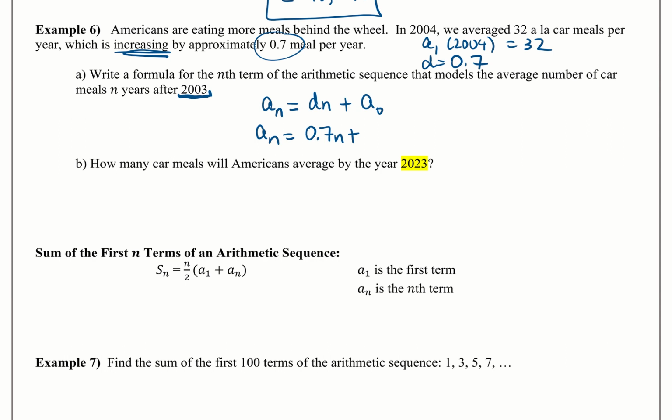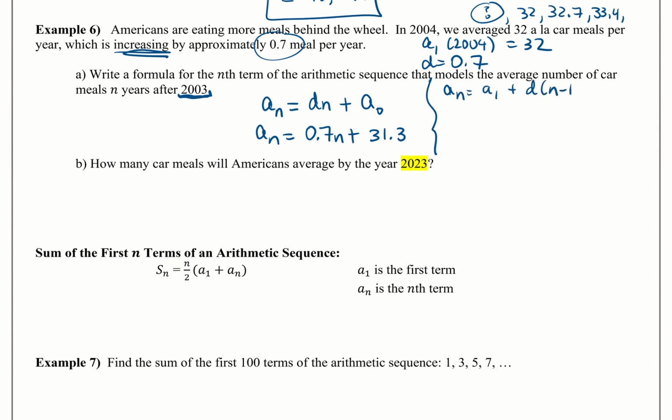Now, if A sub 1 is 32, A sub 0 would have been 31.3. Because this would be 32, and then we're going up by 0.7 each time. And so A sub 0 would have been the one before that, so I would have had to take that away.